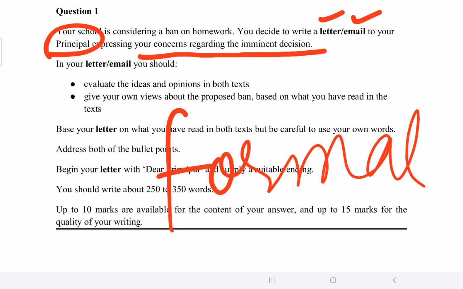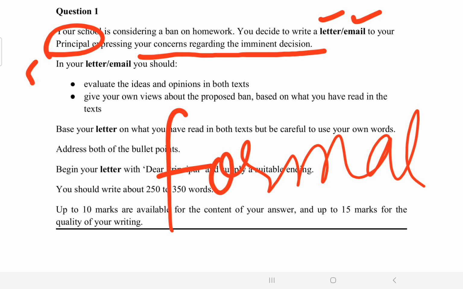And in a report you should be neutral. Do not say that in my opinion I want this, I want that. Whereas in a formal letter and a formal email you should be opinionated. You should tell what you want and what the school should do because you want it like that. So that's the difference between a report and a letter.